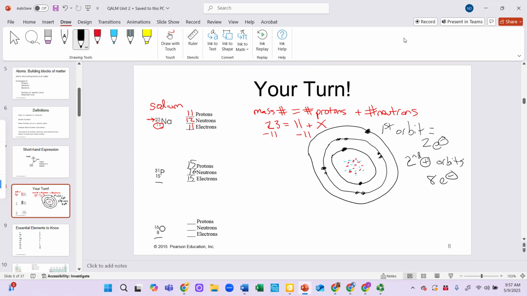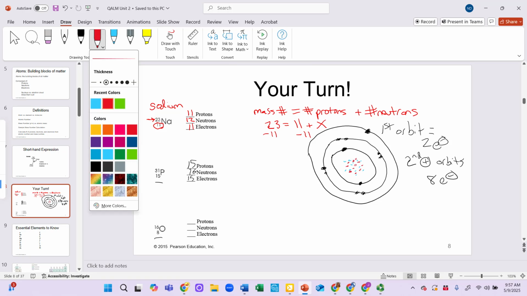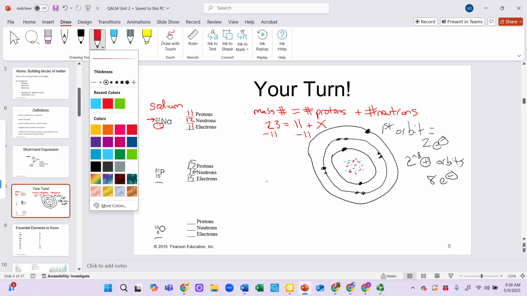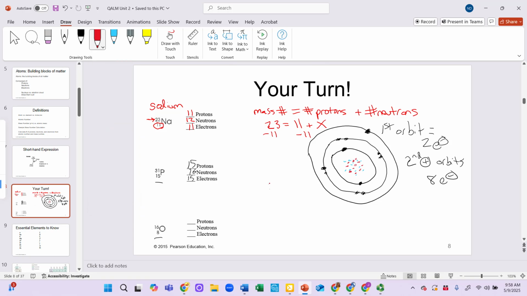So I'm going to change my pen color here, and we're going to go back to drawing the protons. So we got 1, 2, 3, 4, 5, 6, 7, 8, 9, 10, 11, 12, 13, 14, 15. Then we're going to draw neutrons, 1, 2, 3, 4, 5, 6, 7, 8, 9, 10, 11, 12, 13, 14, 15, 16. And then we're going to draw the orbitals.